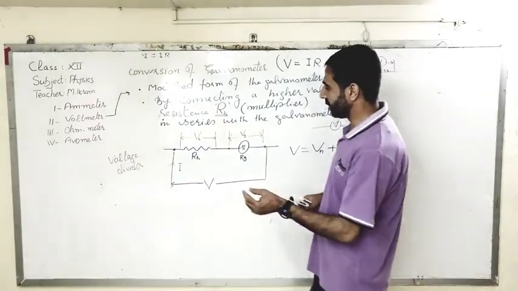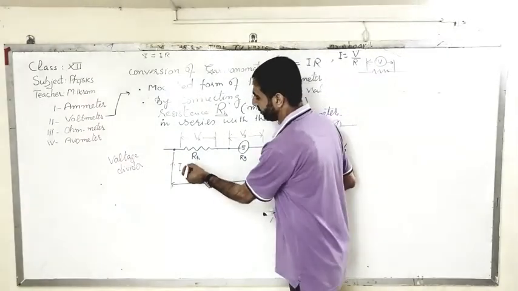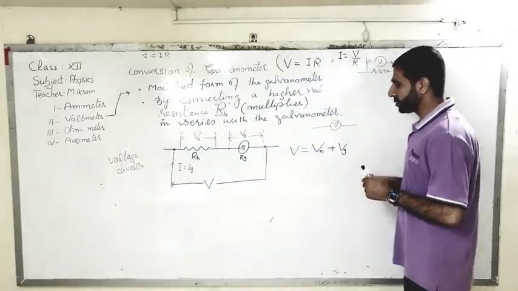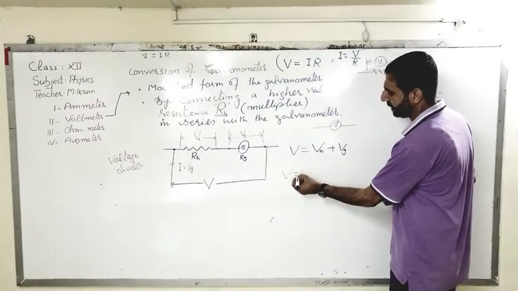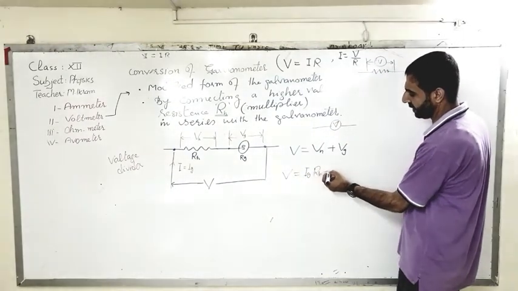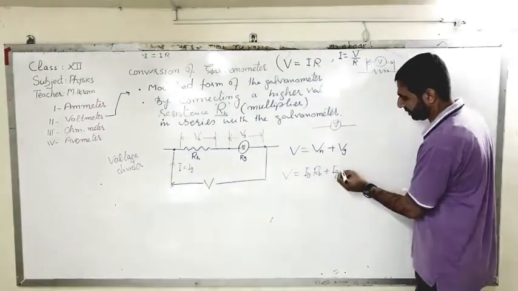Definitely there is only one path for the flow of current, so the current will be the same, and it will be that of the galvanometer current, IG. So what I'll be writing here is V, and it will be equal to IG into RH, plus IG into Rg.